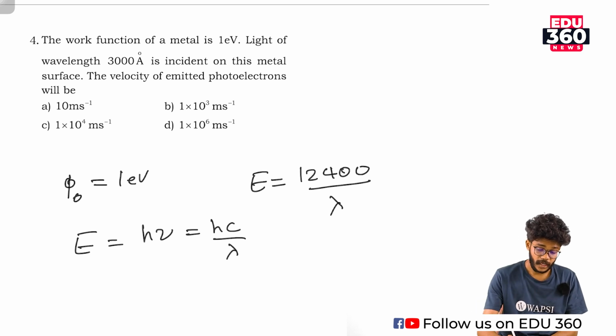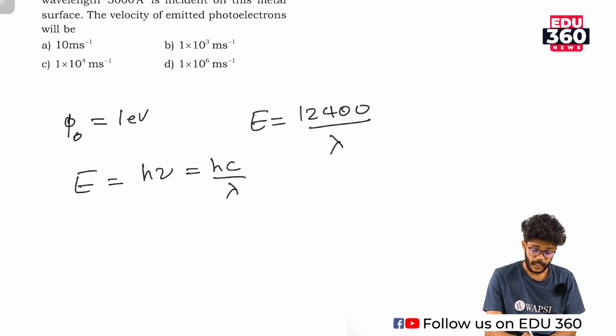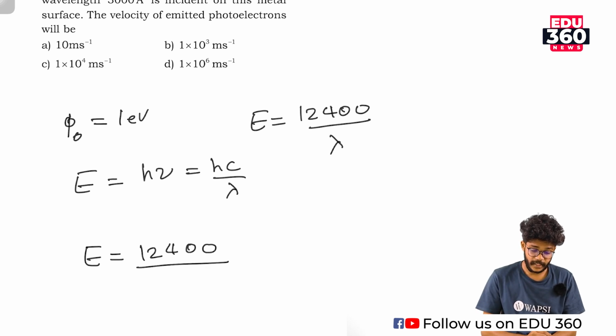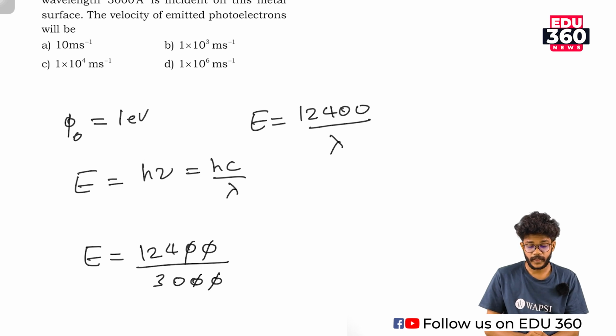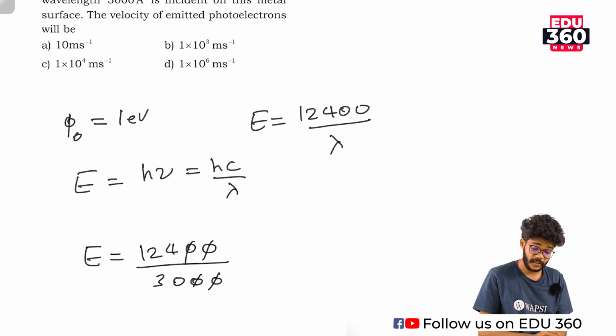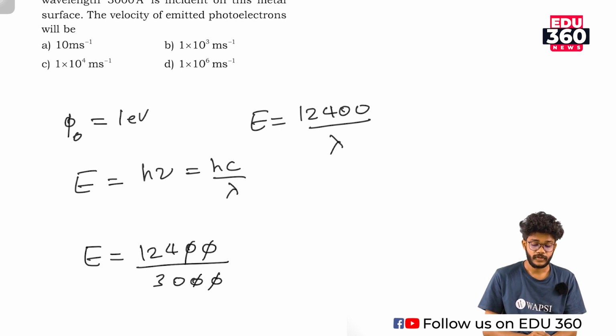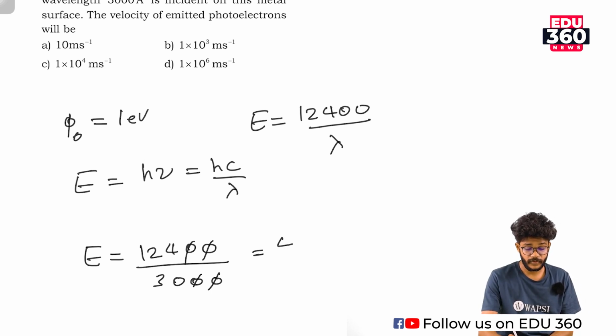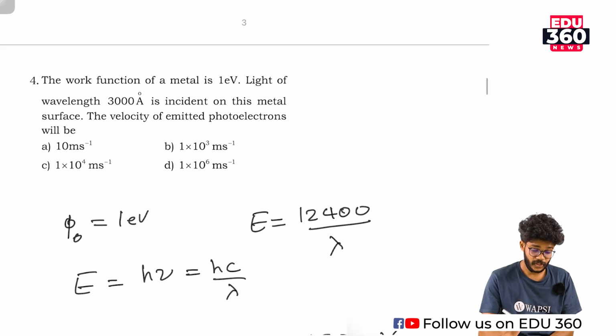So E is equal to 12,400 divided by 3000 angstrom, which gives 124 by 30, approximately 4.133 electron volt.